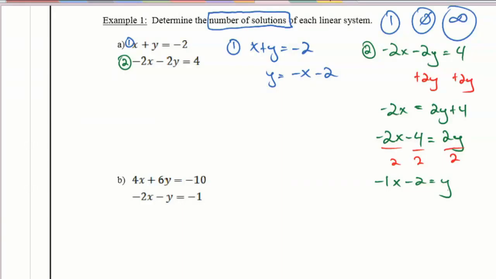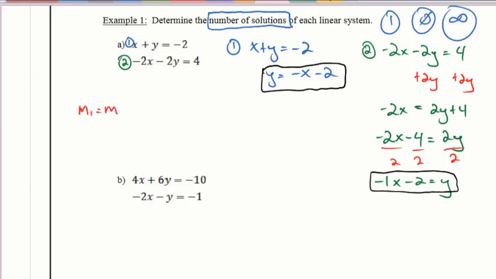All right, so I'm going to compare my equations here. This was line 1. Y is negative x minus 2. Here I have the same thing. So our slopes are the same. The slope of my first line is equal to the slope of my second line. My y-intercepts are the same.